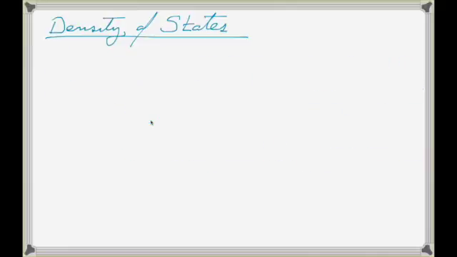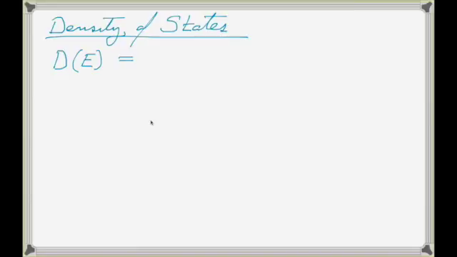There are probably easier ways of doing this, but it's useful. This is a more advanced expression people write down that at first looks really weird, but I will write it down. So here's one definition of the density of states, and then we will directly calculate it from this.